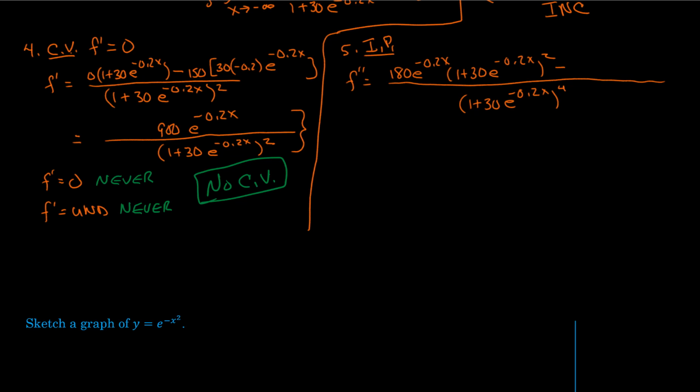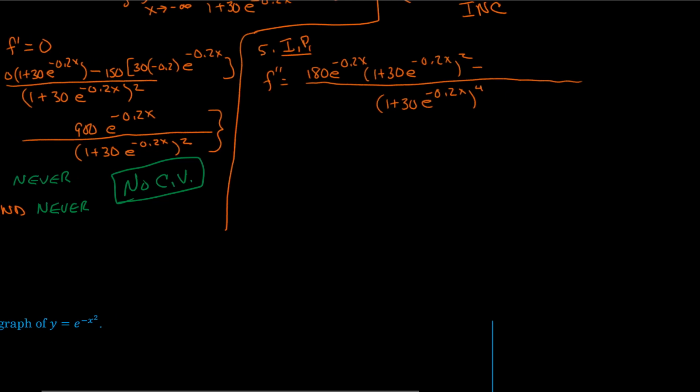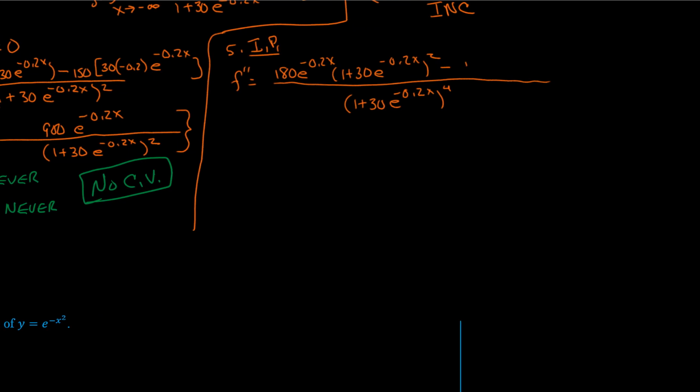Okay, so let's see here. If we take now the top function, which is going to be this 900 e to the negative 0.2x, and now we're going to multiply it times the derivative of the denominator. That's chain rule.